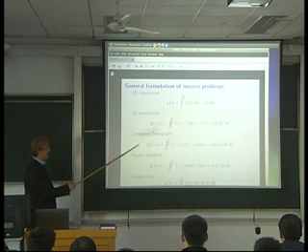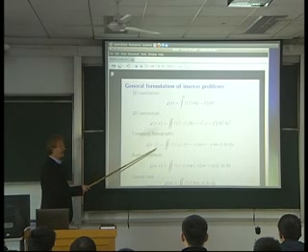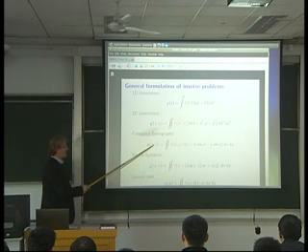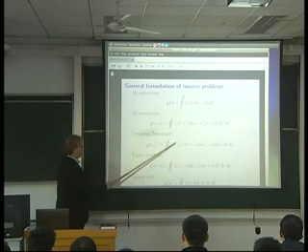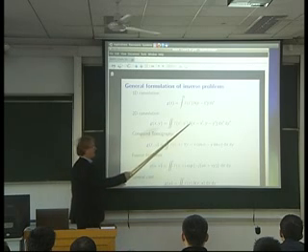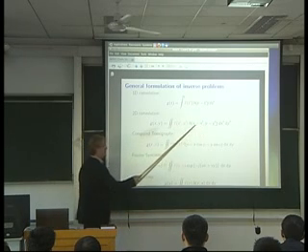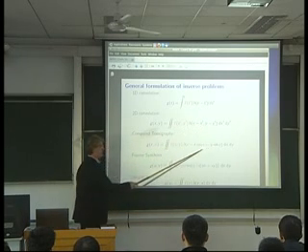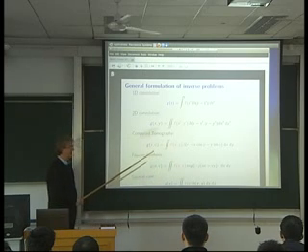In computed tomography, look at the equations. They look very similar: x and y become r and phi. Here you have f, and in place of this function you have another function, which is more specific.